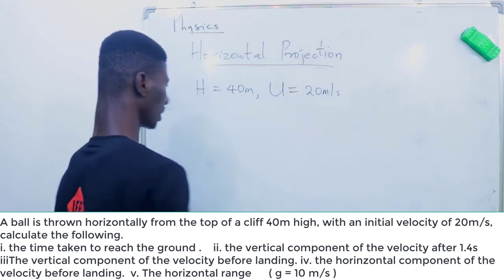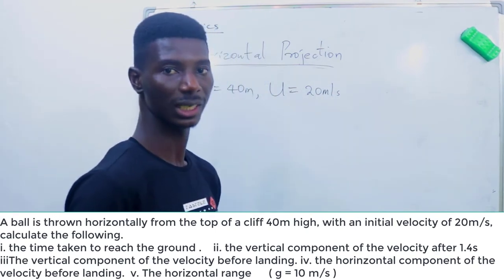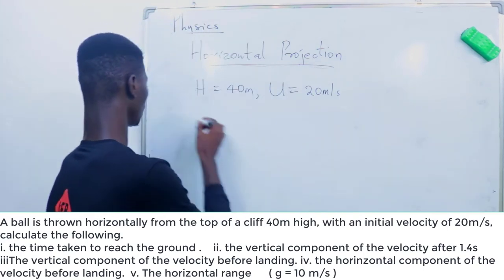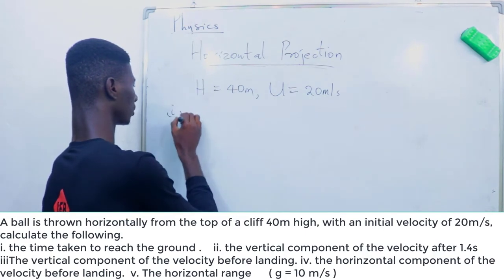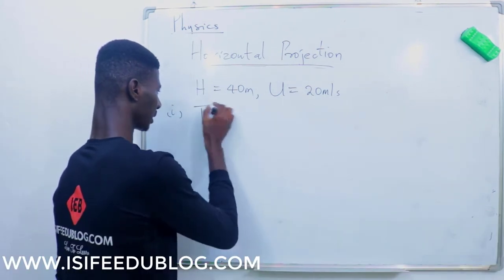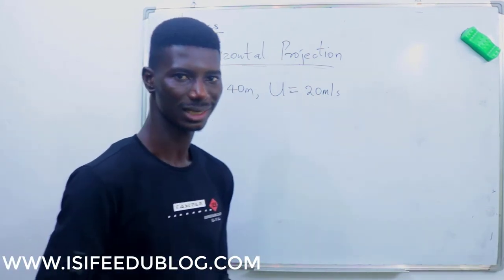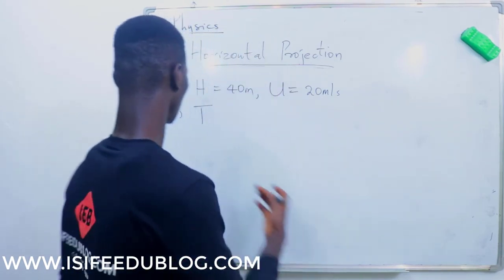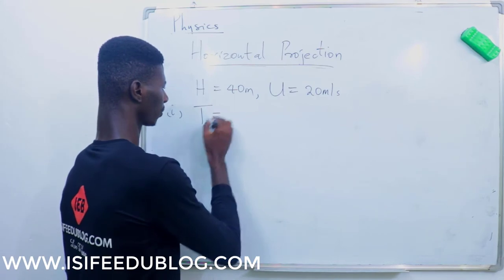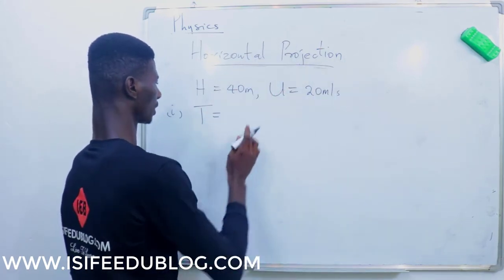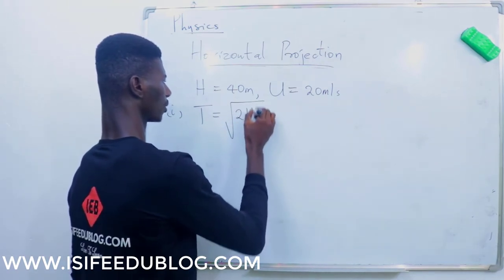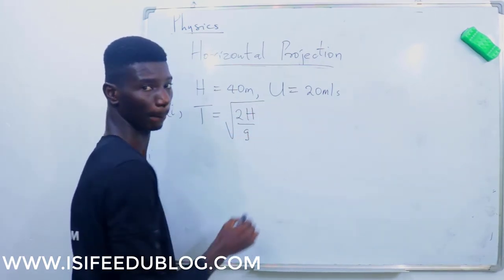The question says that we should calculate the total time taken to hit the ground. So the total time taken to hit the ground is t, time of flight. Sometimes they don't mention time of flight. So t, from our formula under horizontal projection, is equal to the square root of 2h over g.